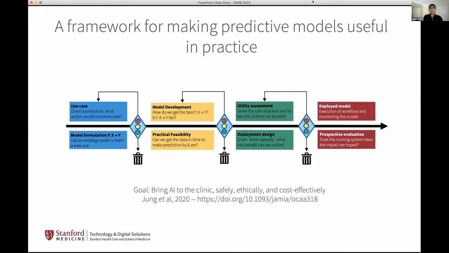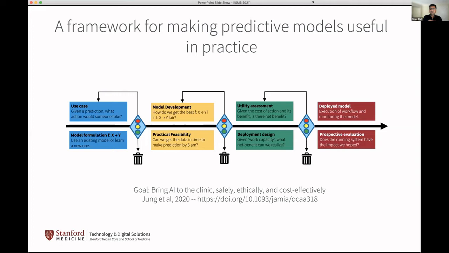All right, so this is sort of the punchline. This is Figure 4 directly from a paper that's underneath here at the URL. And the title for the paper is exactly what the talk is: a framework for making predictive models useful in practice. No need to read the text on here. Just remember the 4 colors.